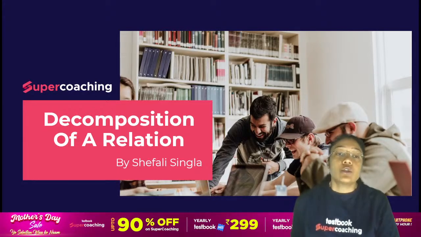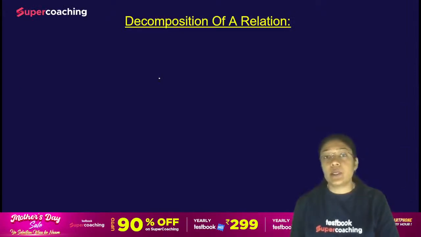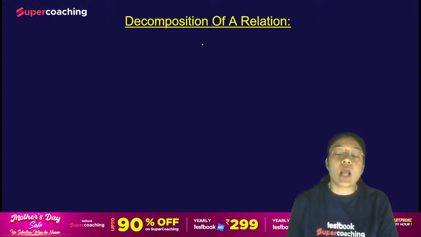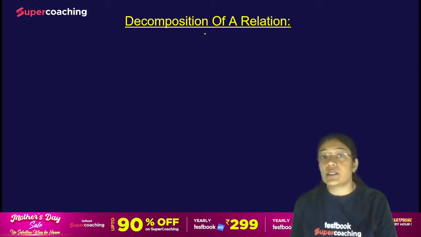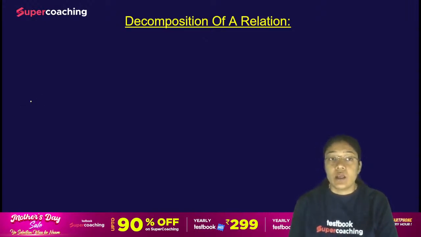Okay. So let's start with the properties of a decomposition. Can somebody tell me what the properties of a decomposition are, or when can we say that the decomposition of a relation is correct? So there are two properties.